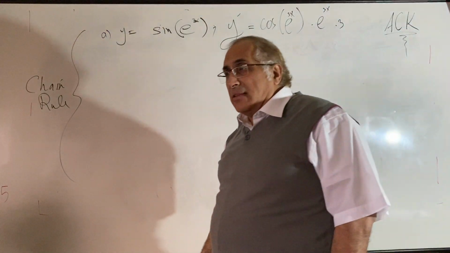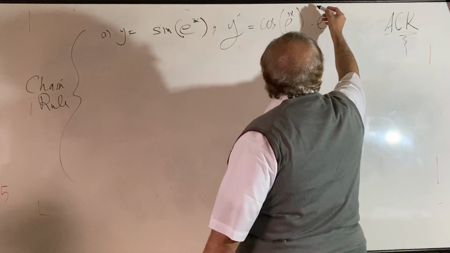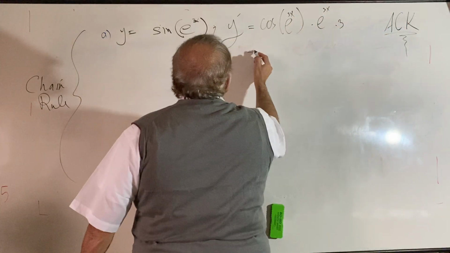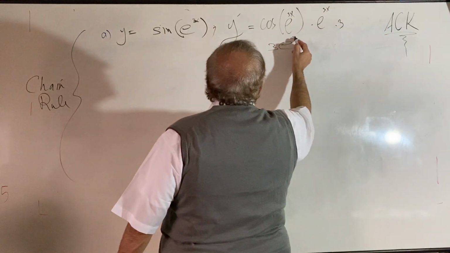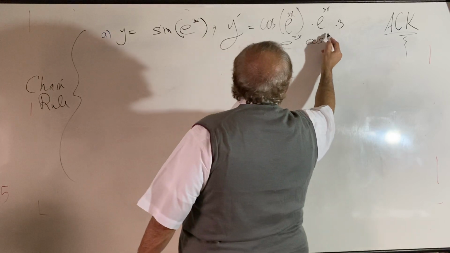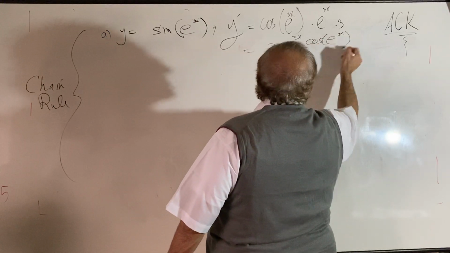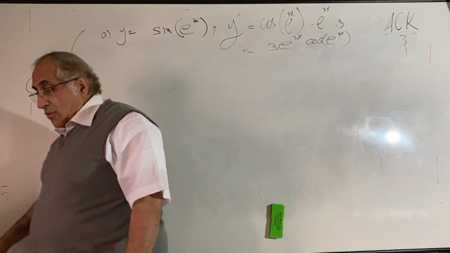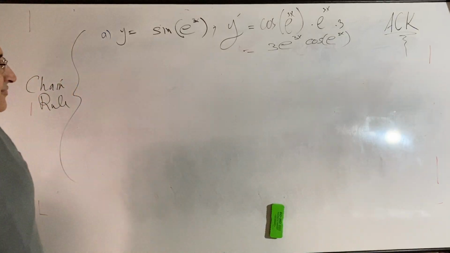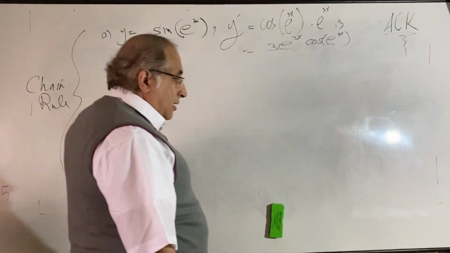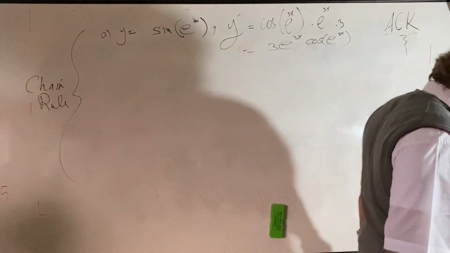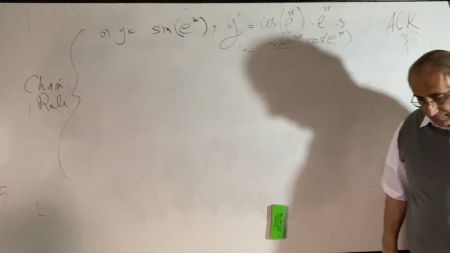Can I leave it like that? If you want to get perfect mark, I'm sure, but you can write it like this: 3e to the power 3x times cosine of e to the power 3x. Now you are cute. Do you see it? You don't like it?